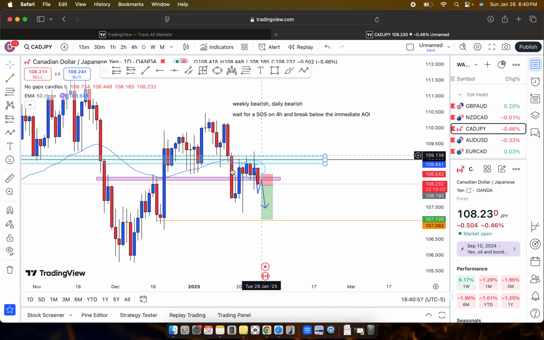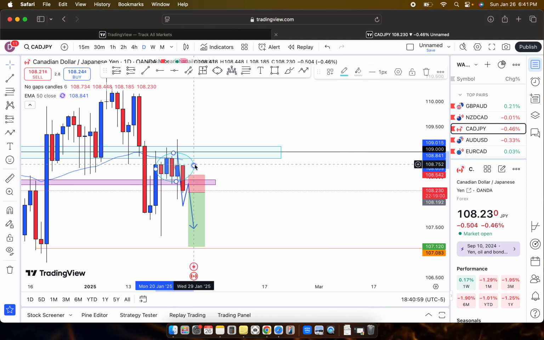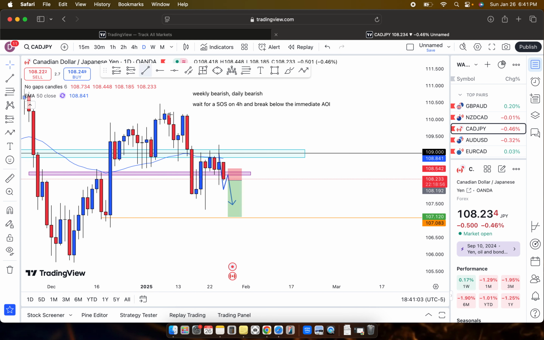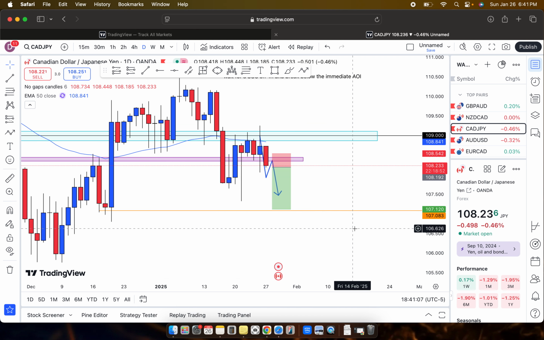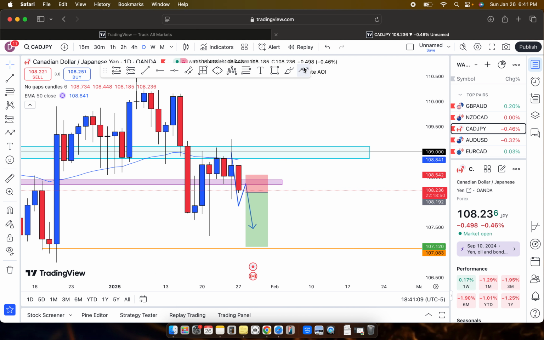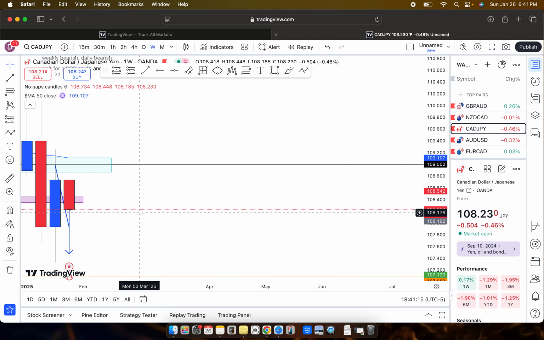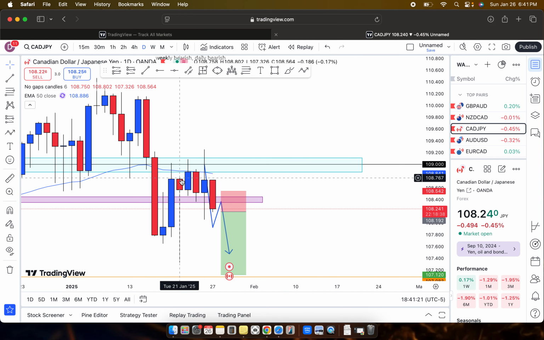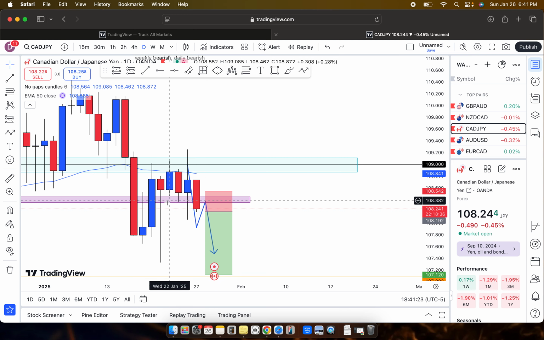Now this pair is a little tricky, not gonna lie. So you gotta be very, very careful when trading this pair, right? On top of that, the past week has been pretty tricky. It has literally wiped out the accounts of many experienced traders, honestly.